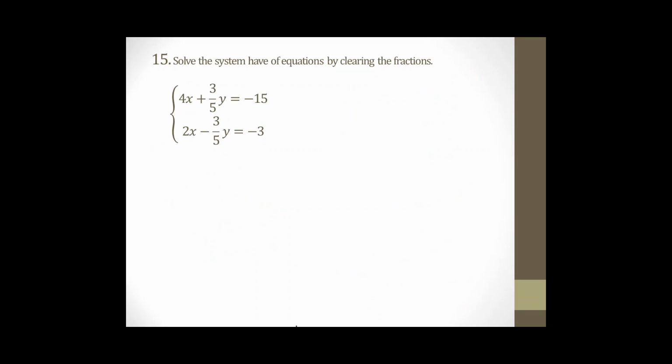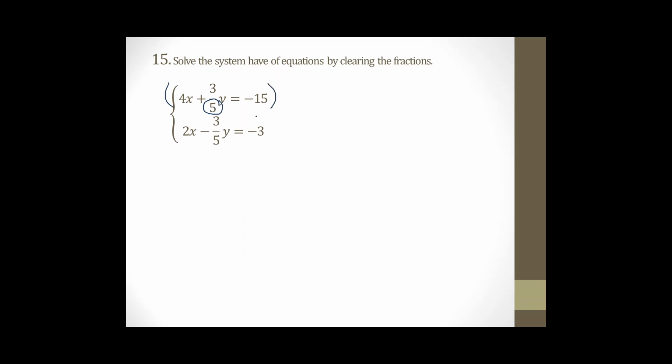Okay, clearing the fractions. If you have one fraction in it, that's easy. We're basically just multiplying by the denominator. If you have more than one fraction in one equation, that's a little bit harder because you would have to find the least common denominator and then multiply by that number. But in this case, one fraction, so easy.